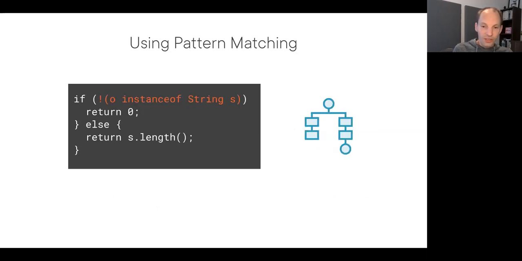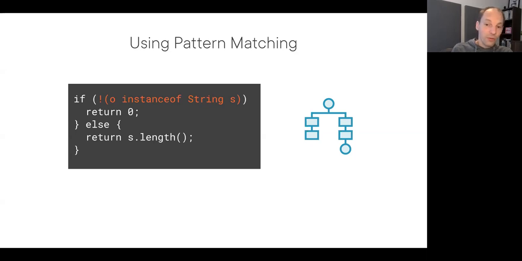What is interesting is to wonder about this kind of case. What if we would, for example, negate this check, where we say, what if not O instance of string s? Where would s then be in scope? And actually, the compiler is really smart about this. It will notice that if the clause for the if will evaluate to true, then actually there's no string s.